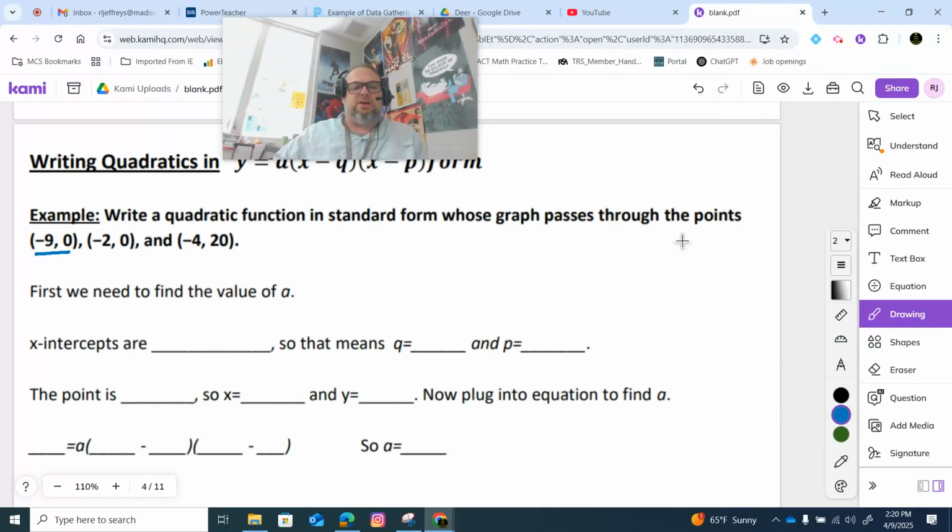So here's our x-intercepts. Okay. So remember, our x-intercepts are the opposite of this. Okay, so what's the opposite of -9? +9.